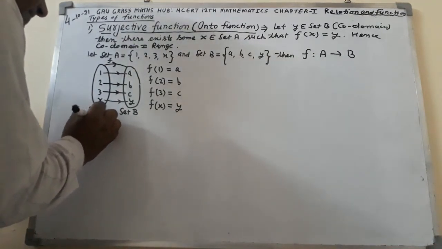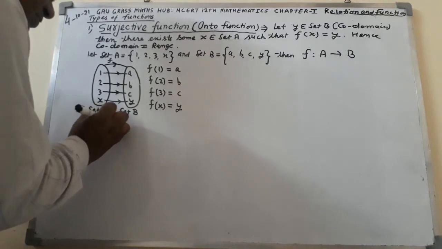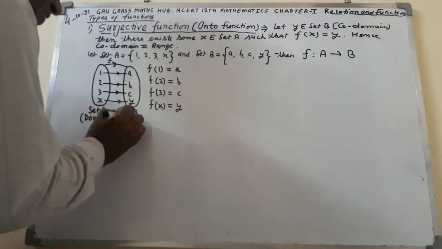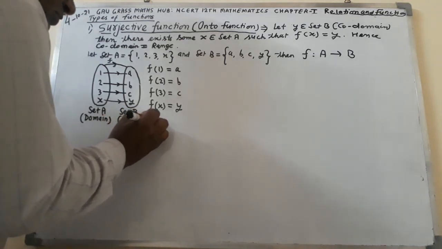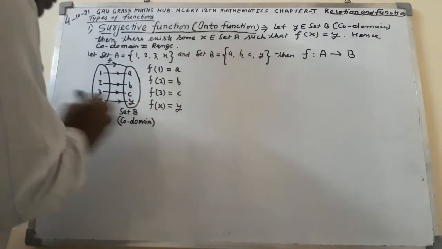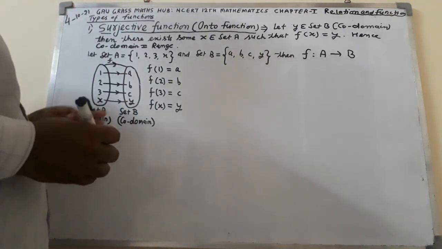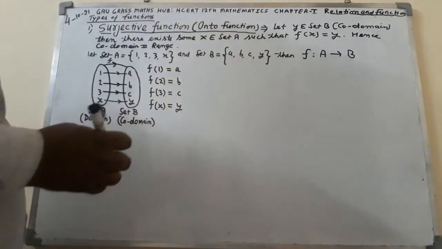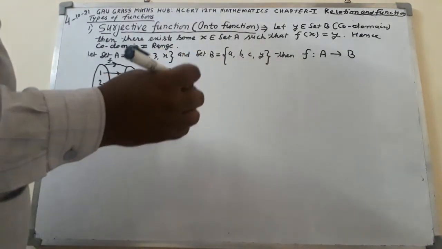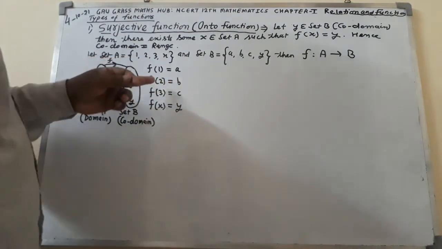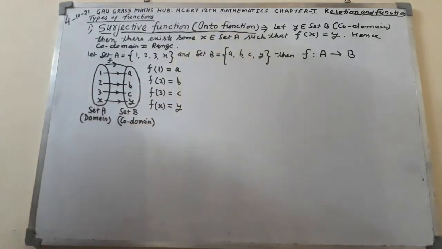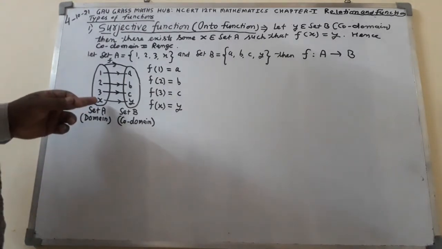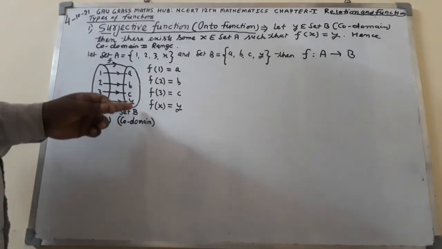Set A is the domain, set B is the codomain. Here x belongs to set A, y belongs to set B.